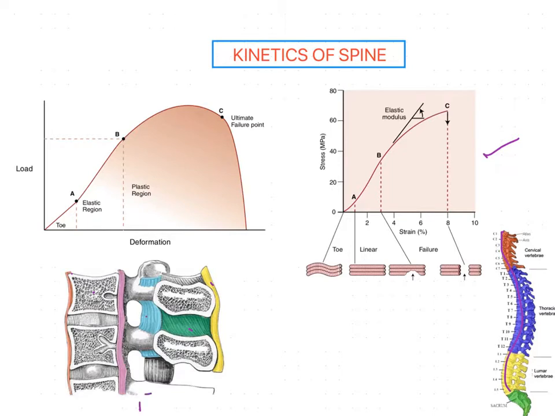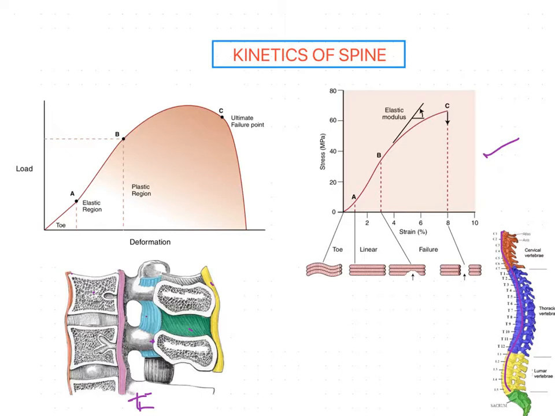Of course, this one is the transverse longitudinal section of the vertebrae, so we can't see the zygapophyseal joints here, but those are also considered in this mobile segment. So a motion segment consists of two adjacent vertebrae and the intervening soft tissues.